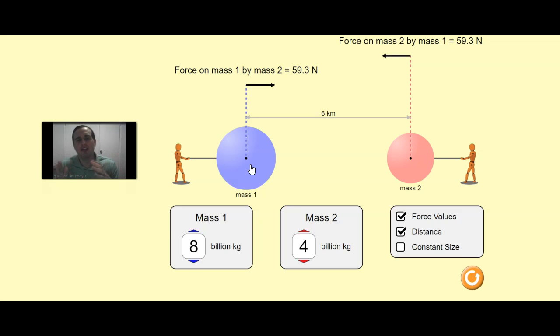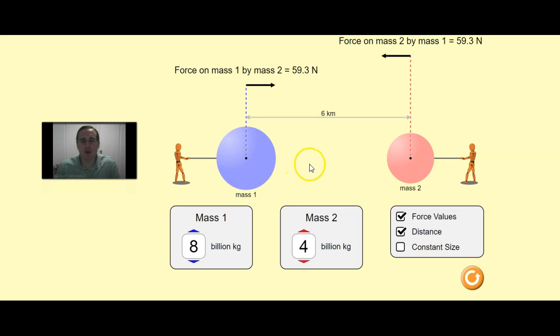Masses are linearly proportional to the gravity force, whereas the distance between the centers of the objects is inversely proportional to the square. That's why we have that 1/r squared dependence. Okay? So this is what we mean by gravity force, being a little more quantitative.